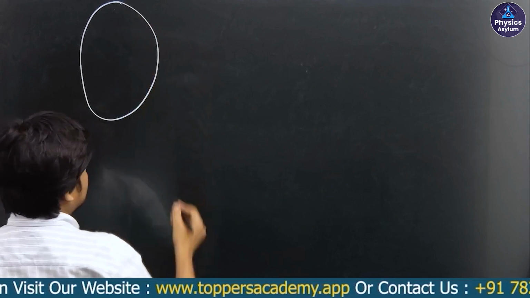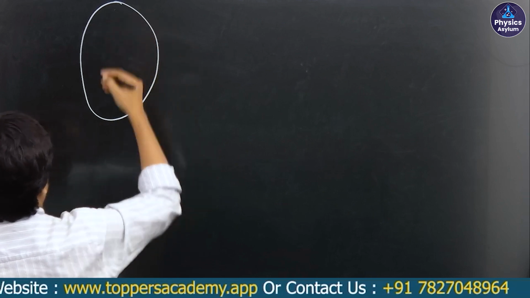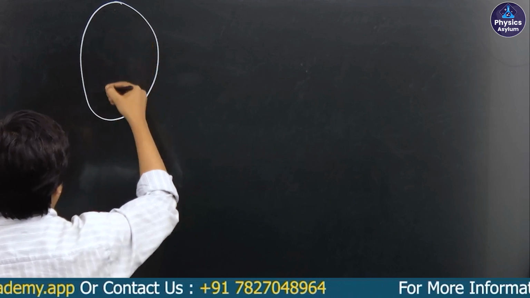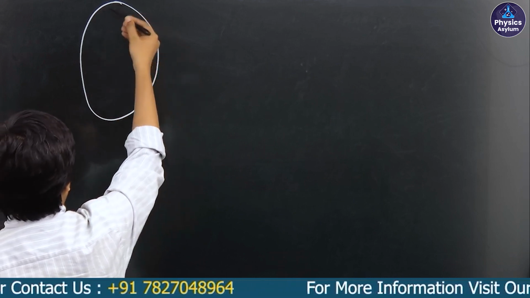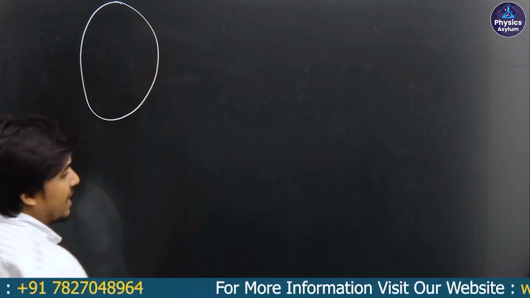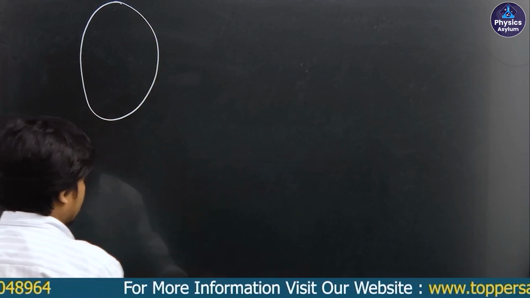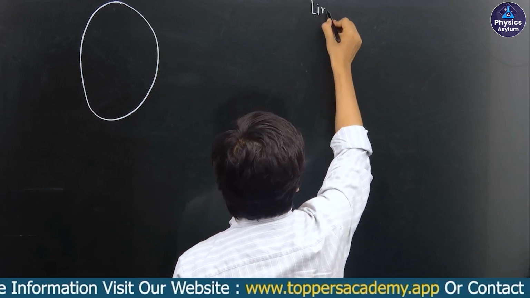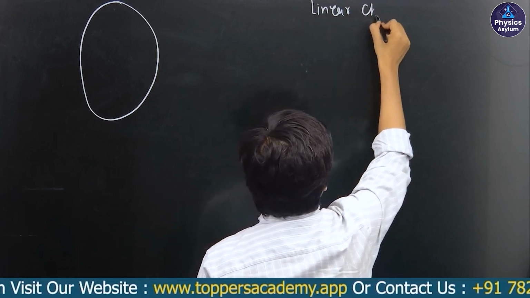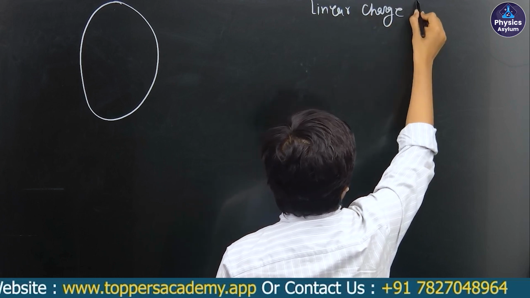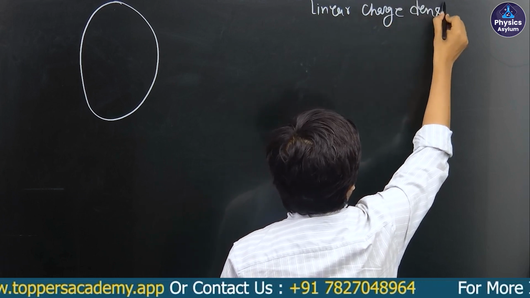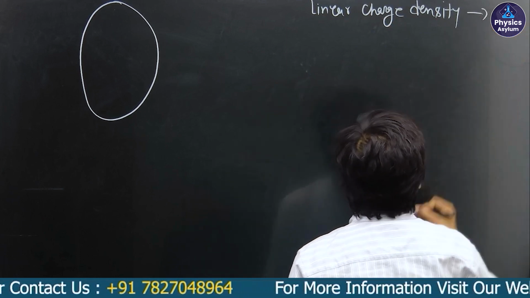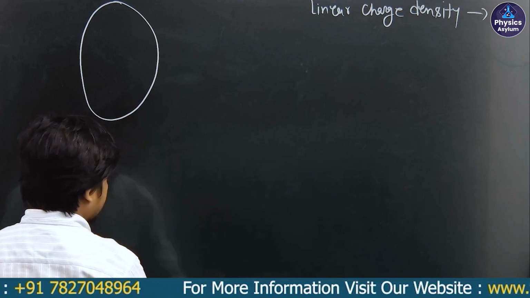There is a thin ring which is uniformly charged, that is, charge is continuously distributed at the circumference of this ring. And let me consider that the linear charge density is lambda.